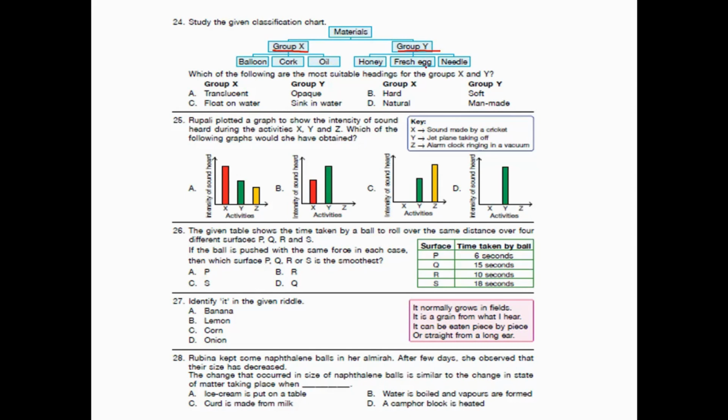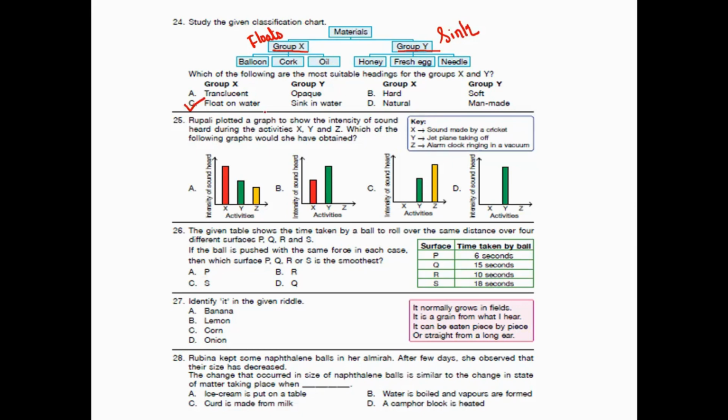They have more density than water. So the relationship is that group X are the objects that float on water, and group Y are the objects that sink in water. So the suitable heading for this chart will be option number C.